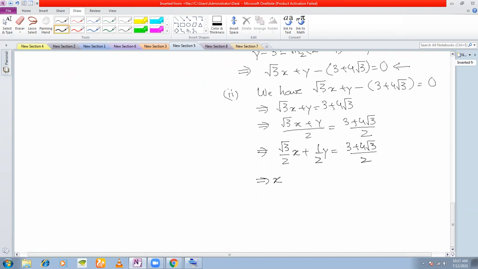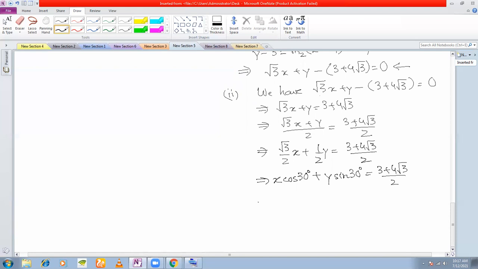That means x, what is the root 3 by 2 in terms of cos? In terms of cos, what is this? 30, right? And in terms of sine, what is half? 30 is equal to 3 plus 4 root 3 divided by 2, right?